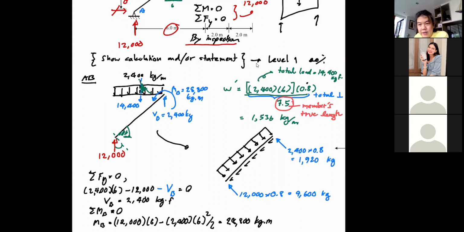The moment doesn't need the rotation of the axis. It's going to be the same. And that is moment 28800 kilogram meter. Okay. And you should also have this component.